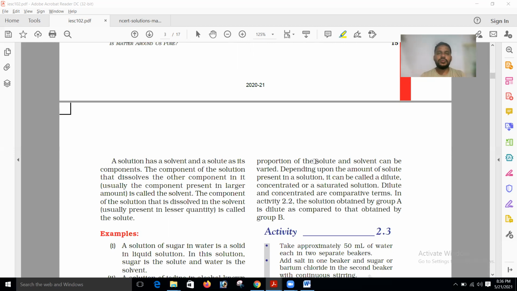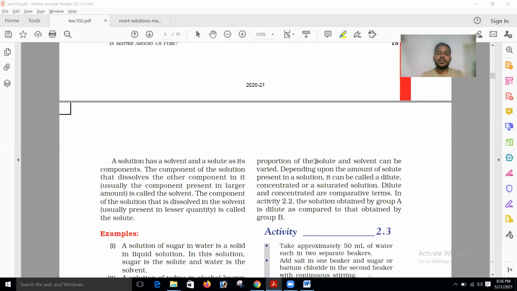Solutionৰ যোনটো দুটা পাৰ্ট থাকে, one is solvent আৰু solute. Solventত কি হয়? Soluteটো সদায় দ্ৰৱীভূত হৈ যায়, মানে dissolve হৈ যায়. যোনটো আন component ত dissolve হয় সেইটোক কোৱা হয় solvent, আৰু যোনটো component dissolve হয় সেইটোক কোৱা হয় solute.